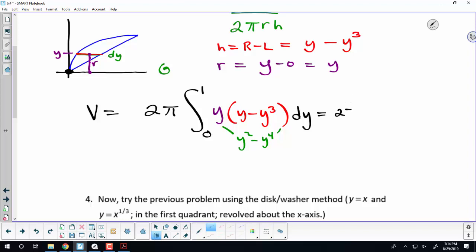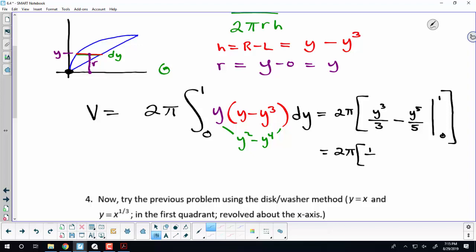So we have 2 pi times y cubed over 3 minus y to the 5th over 5, evaluated from 0 to 1. So that's 2 pi times a 3rd minus a 5th. And what that'll give us is 4 pi over 15.